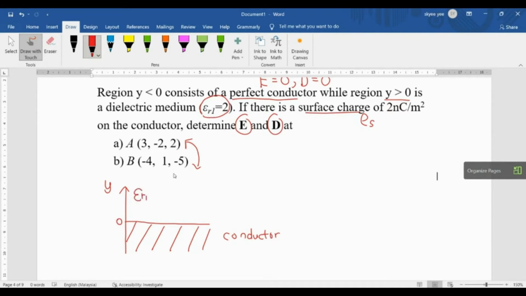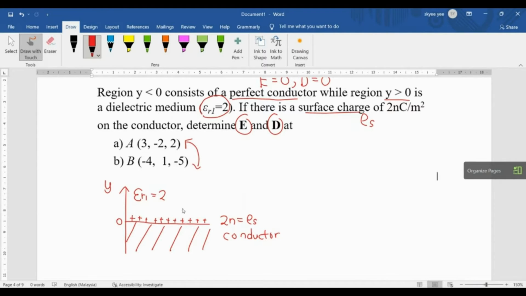This is the first medium. Imagine a surface charge on the conductor of 2 nanocoulombs, rho s. Determine the E and D at these two positions.